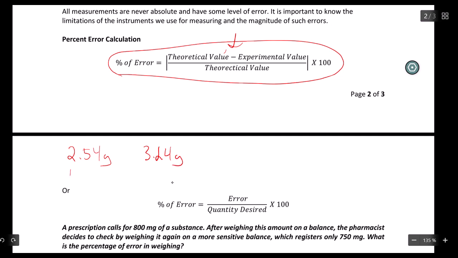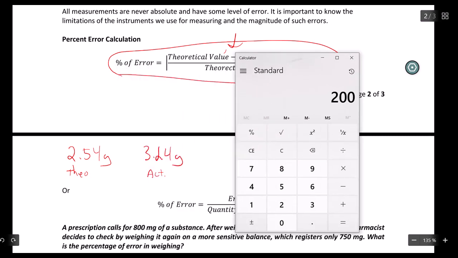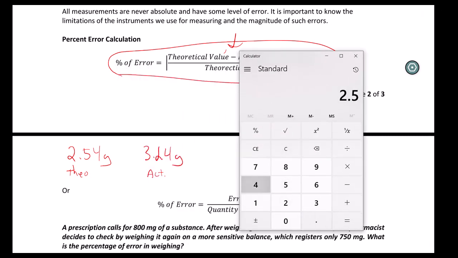This is the theoretical weight, the weight that you said a medicated lollipop should weigh, and this is the actual weight, the one that it actually was. I can take the difference between those: 2.54 minus 3.24, divide that number by the theoretical, which is 2.54, and multiply by 100, and that's my percent error.